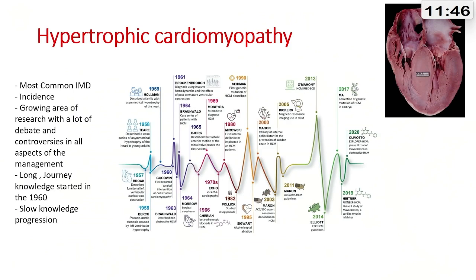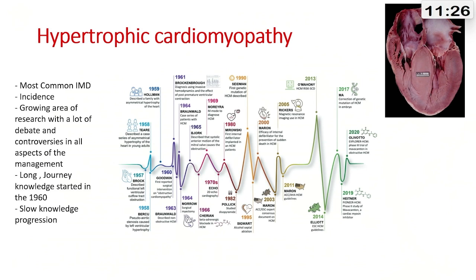First of all, it's well known that hypertrophic cardiomyopathy is the most common inherited muscular disease, with an incidence of 1 in 200 persons worldwide. It's a growing area of research with a lot of debates and controversies in all aspects of management.